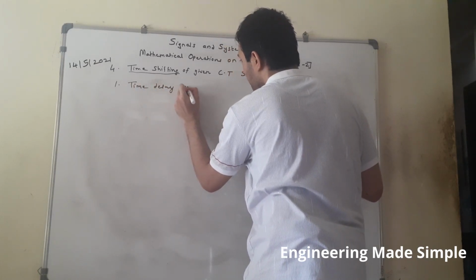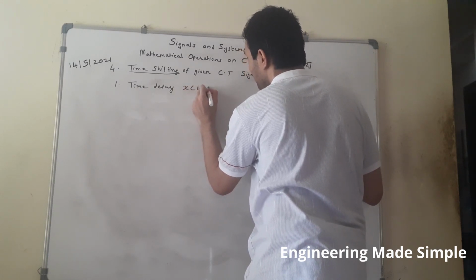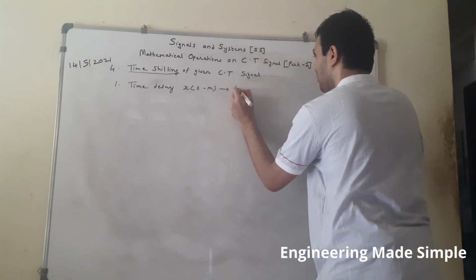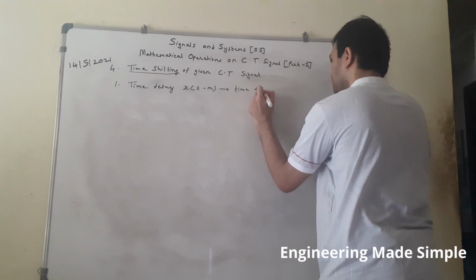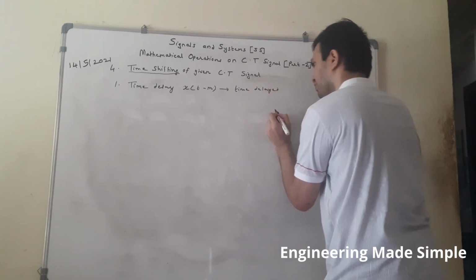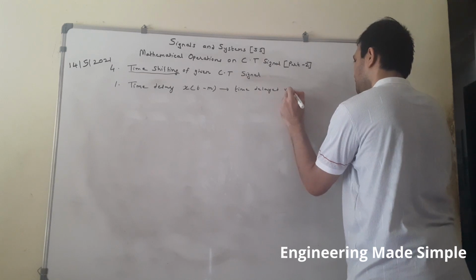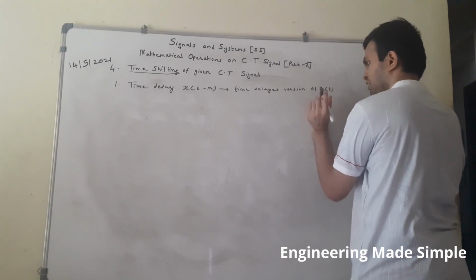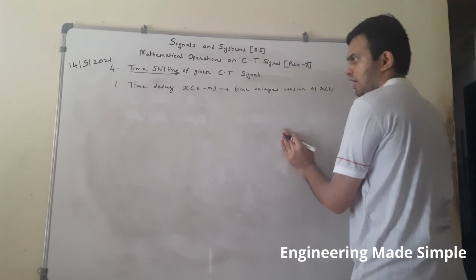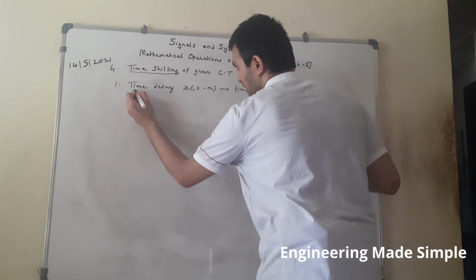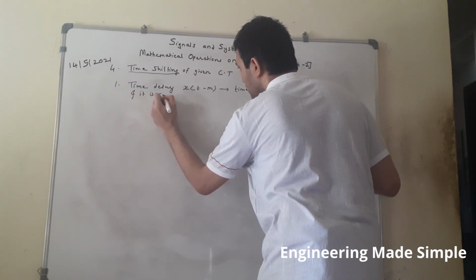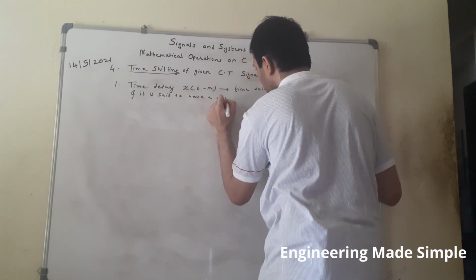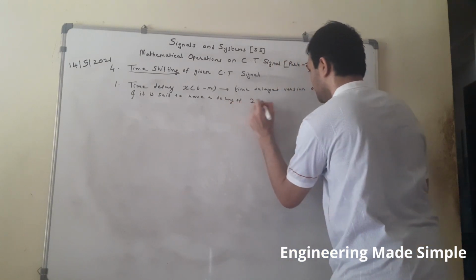Whenever you are asked to plot a signal of type x of t minus m, then we say that x of t minus m is nothing but the time delayed version of x of t, and it is said to have a delay of m units.